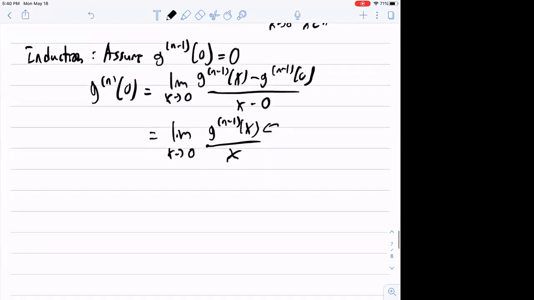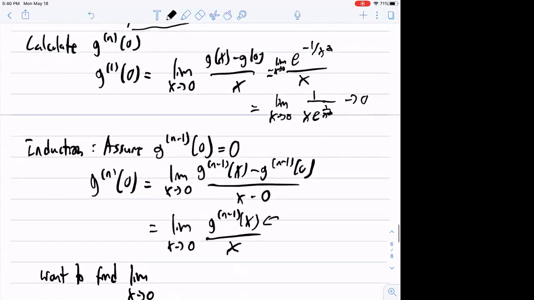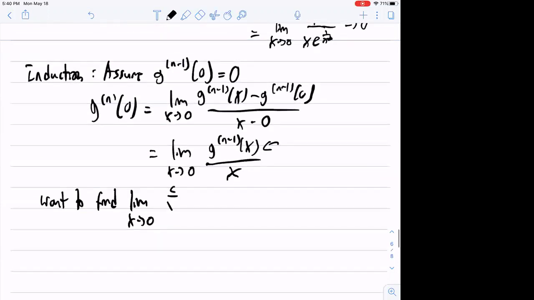We want to find the limit as x goes to 0, where g_{n-1}(x) is something of the form c over x to the k times e to the negative 1 over x squared, over x. If you write it out, this is just c over x to the k plus 1.